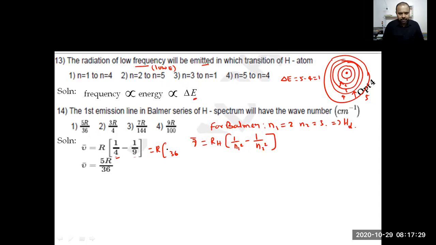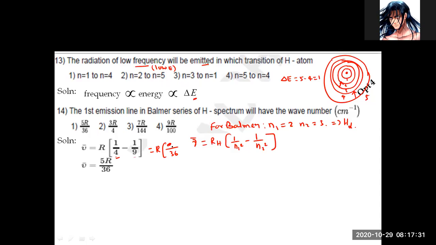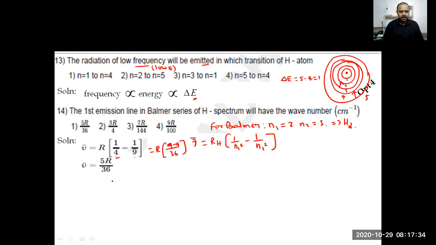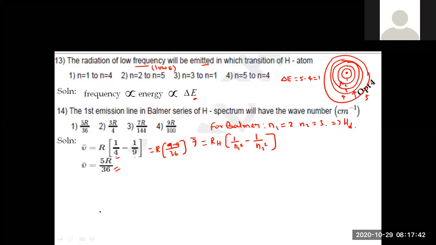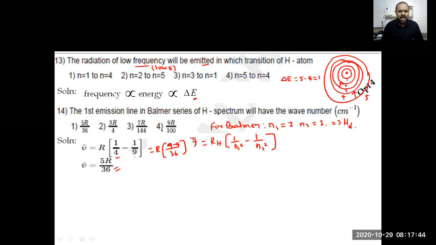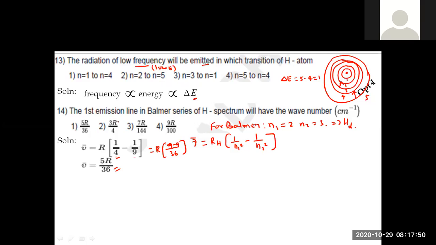So R into, 36 is the LCM. 9 minus 4 by 36 is 5 by 36 times R. So option 1. Sir, no need of writing the Rydberg constant value, because they have given the answers in terms of R only. If they had not given this as multiple choice, and we had to solve it, then we should take the value.